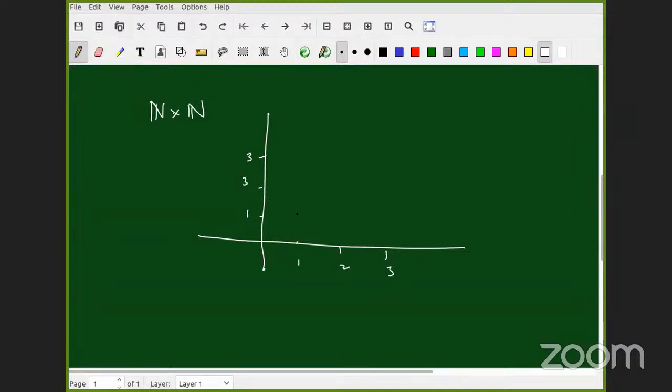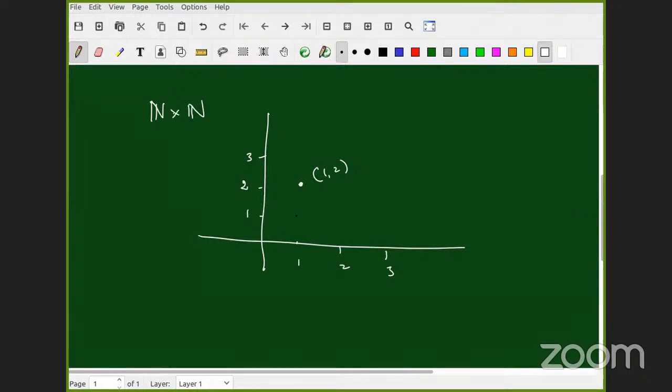If we take (1, 2), 1 on the x-axis and 2 on the y-axis. Excellent, this is the ordered pair (1, 2). Did we miss something? I want to draw you a picture. You have started with (1, 2). Did you miss some point?